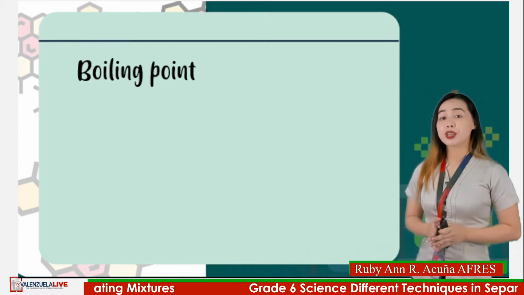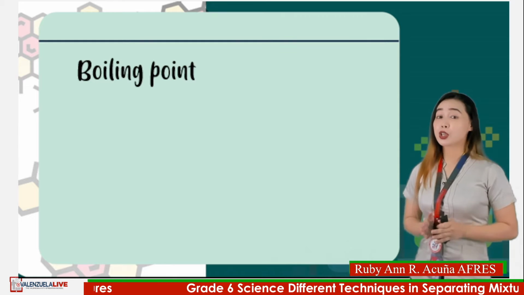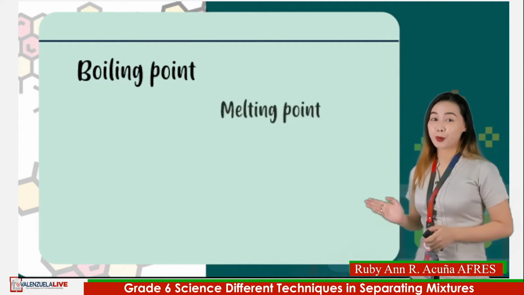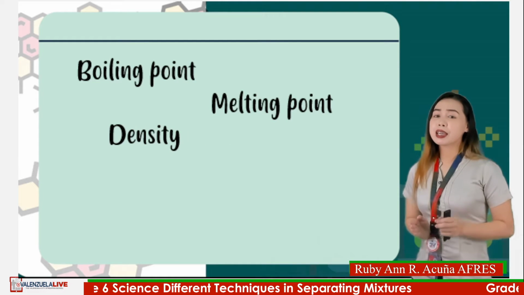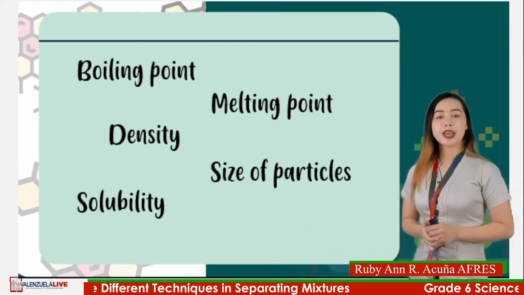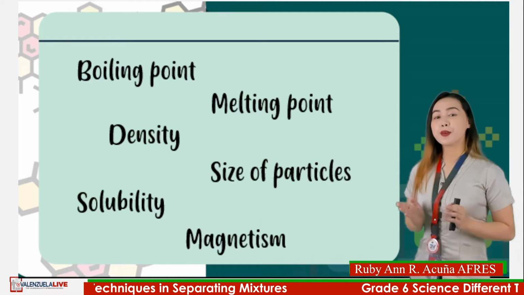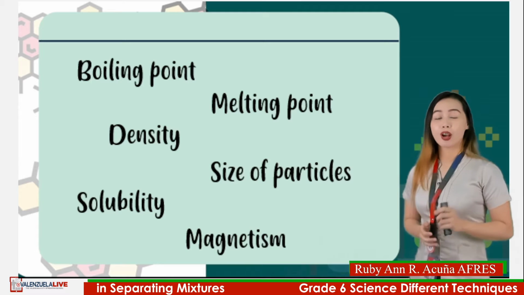We may consider the different properties of matter to separate the mixture, such as boiling point, melting point, density, the sizes of its particles, solubility, and magnetism. And we know that separating mixtures is done to make substances more useful.